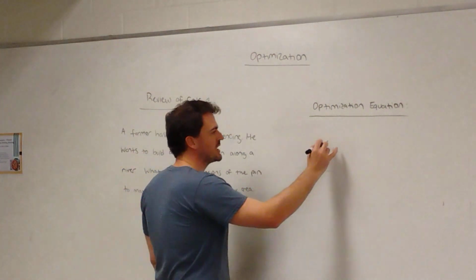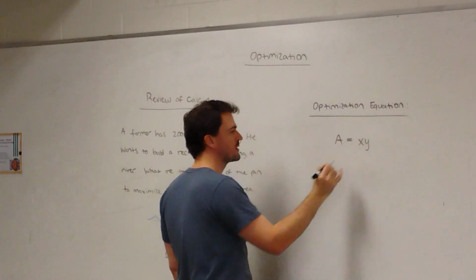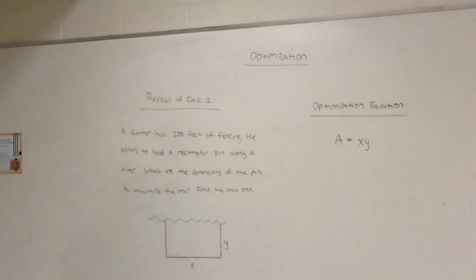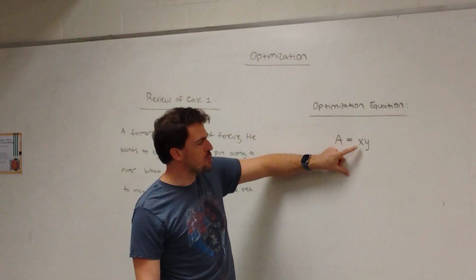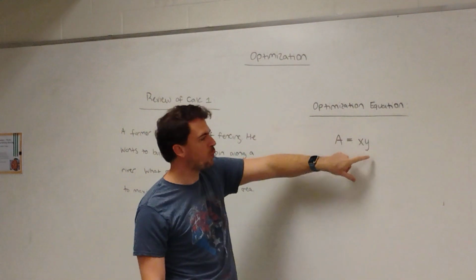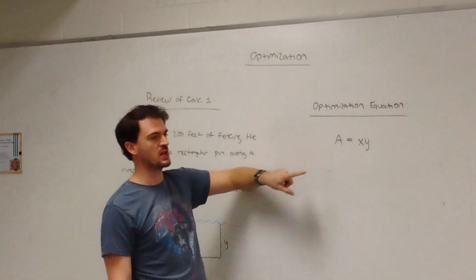Since it's a rectangle, the area is length times width, or x times y. If I wanted a maximum of this equation, you could just make x as large as possible and y as large as possible. You can make them infinitely large.